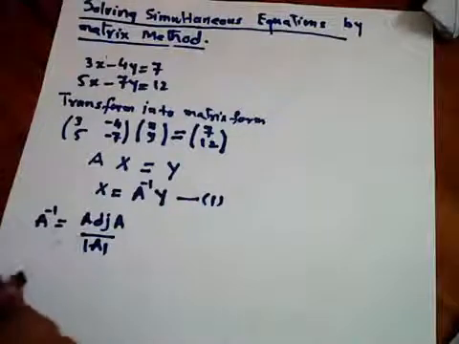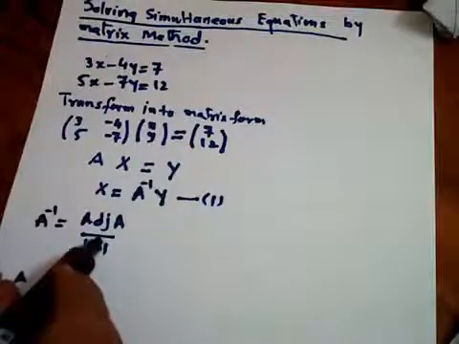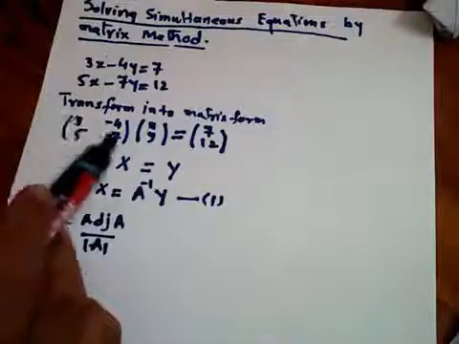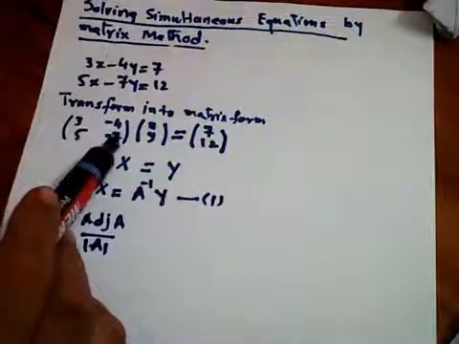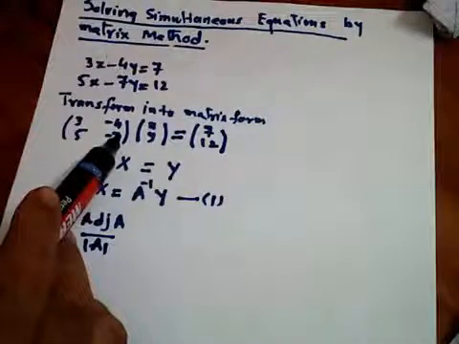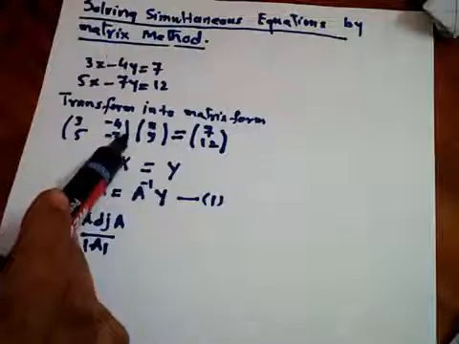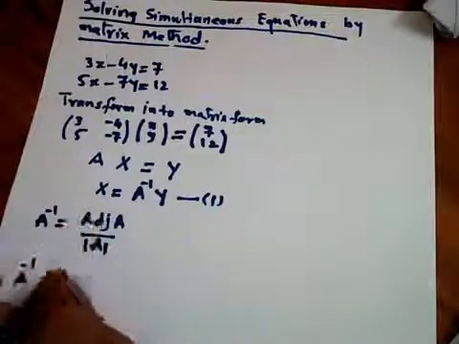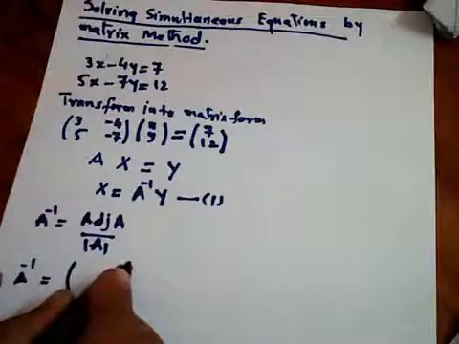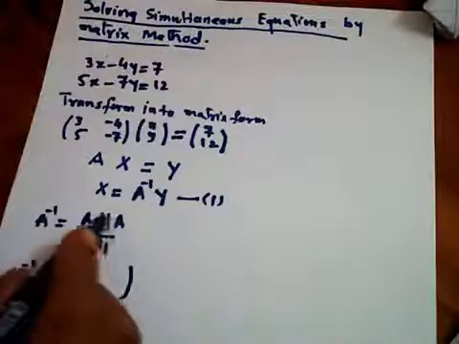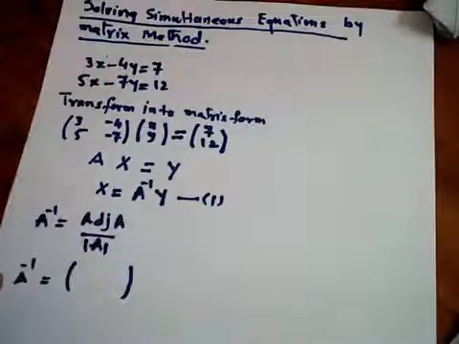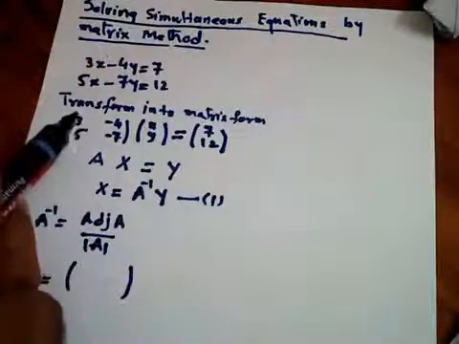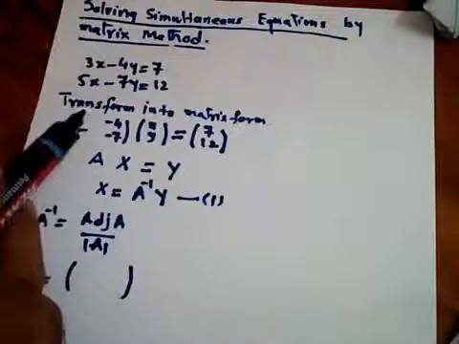For the determinant, you multiply this diagonal. 3 into -7 is -21. Negative is part of the formula, and then 5 into -4 will become -20. So the inverse would be -7, -5, 4, 3 upon -21 plus 20, which is -1.